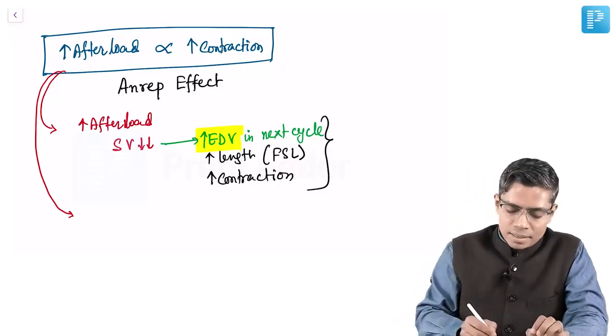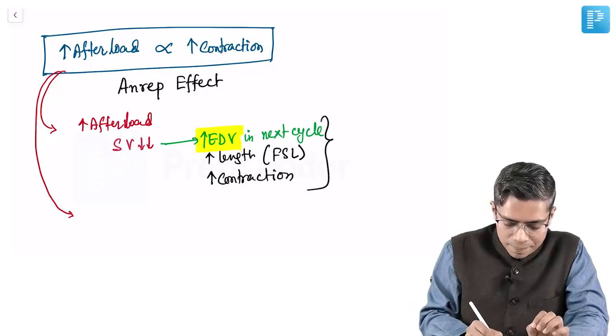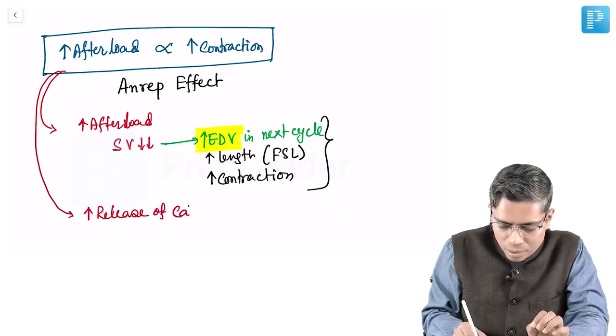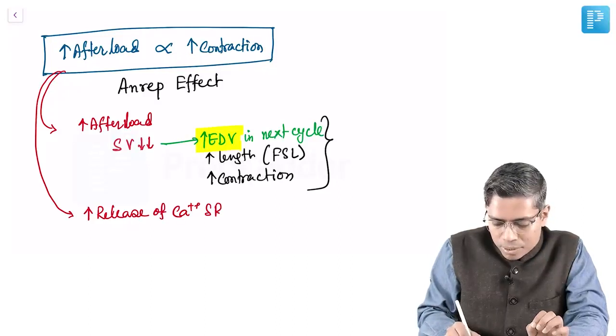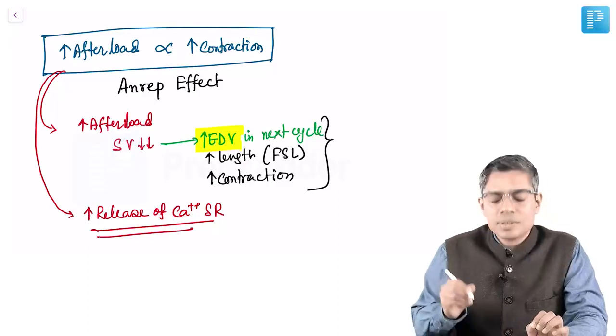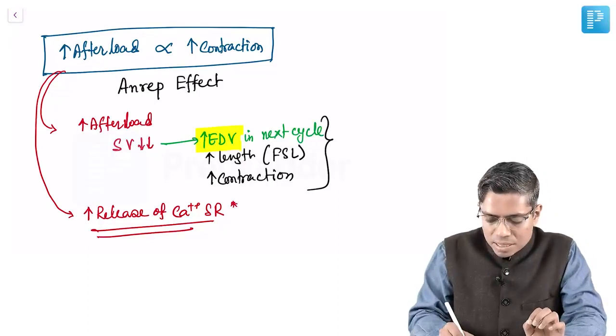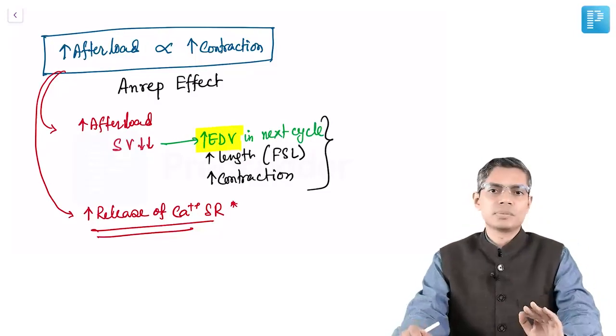It is said that after 15 minutes, there will be increased release of calcium from the sarcoplasmic reticulum if your afterload is high. Now, what is the reason for this increased release of calcium from the sarcoplasmic reticulum?